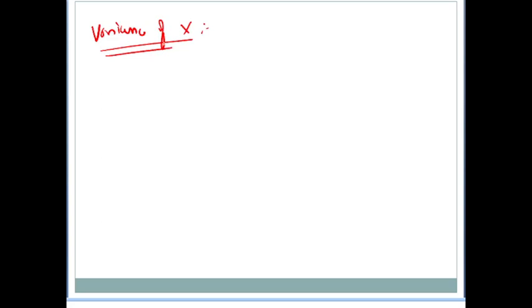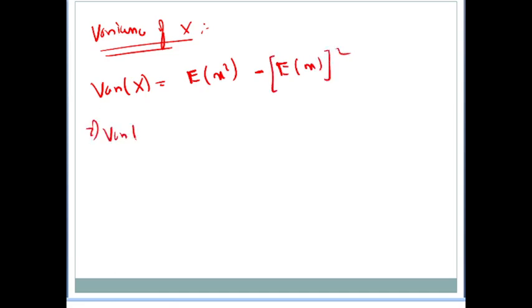The variance of the random variable, which will be denoted by var of x, is E of x square minus E of x, whole square. Therefore the variance of x can be written as the mean square value minus the square of the mean.